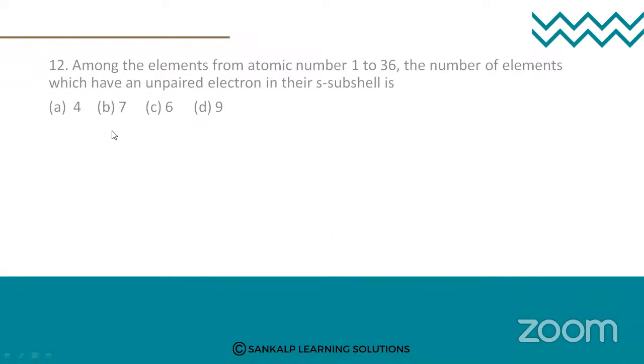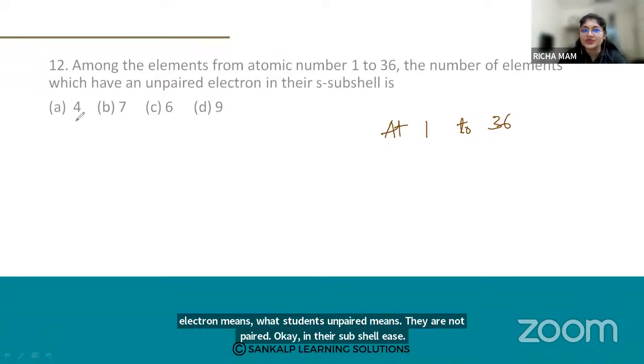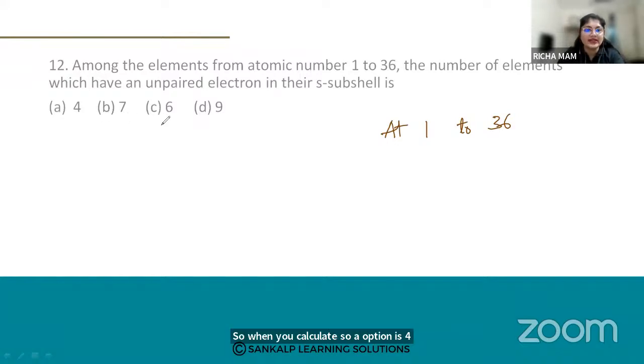Unpaired means they are not paired. The options are A 4, B 7, C 6, and D 9.